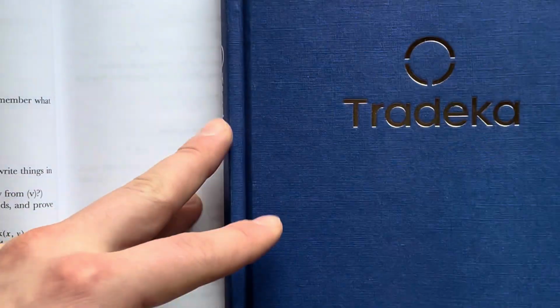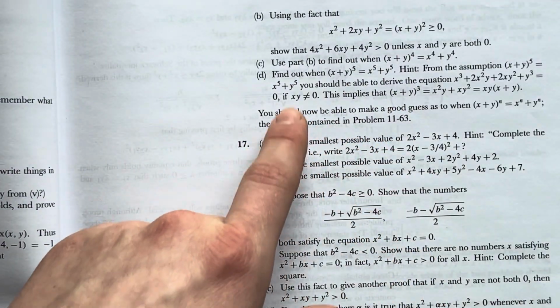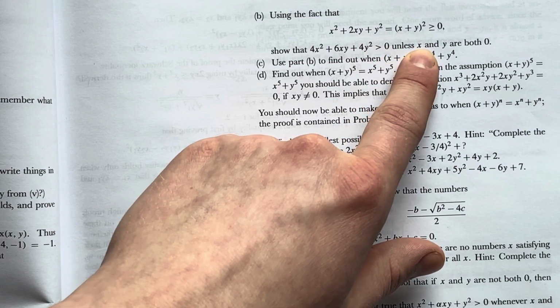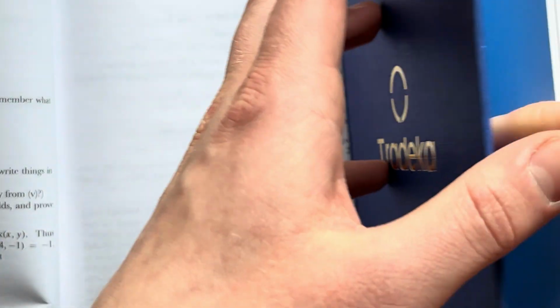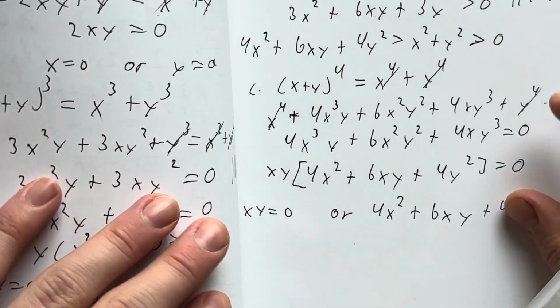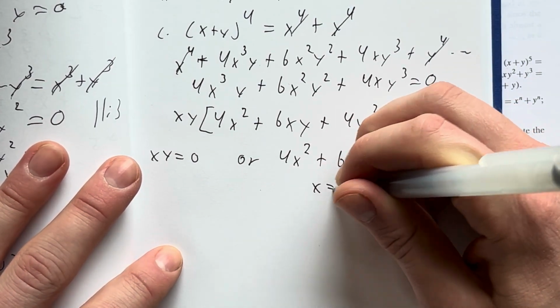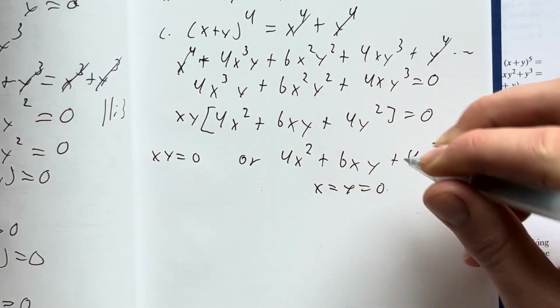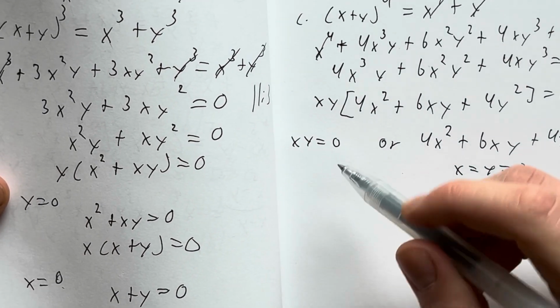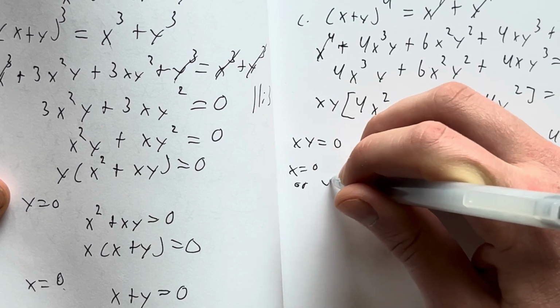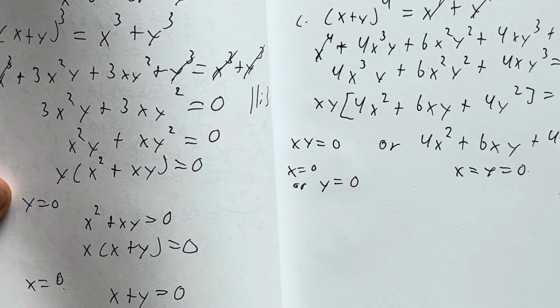But we just proved that this is greater than 0 unless x and y are both 0. So for this, the only solution is x equal to y equal to 0. And for this, the only solutions are x equal to 0 or y equal to 0.